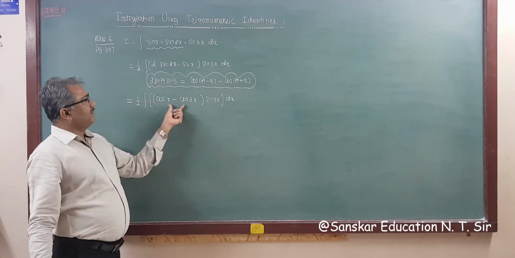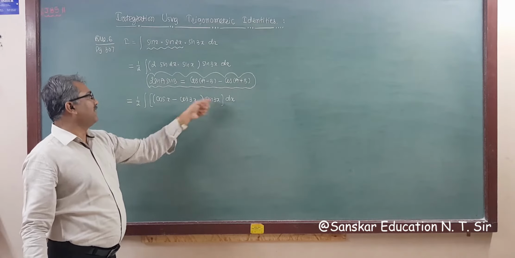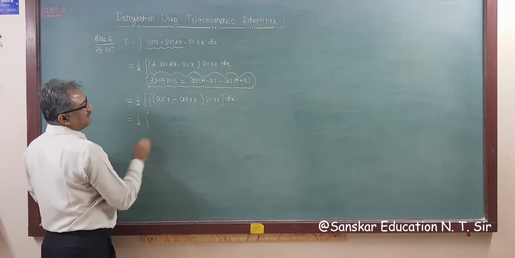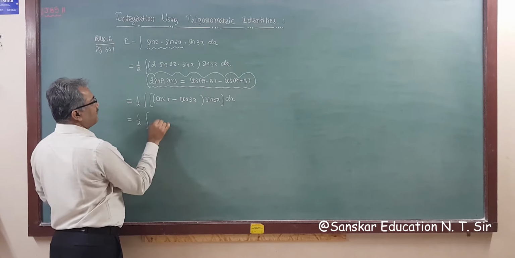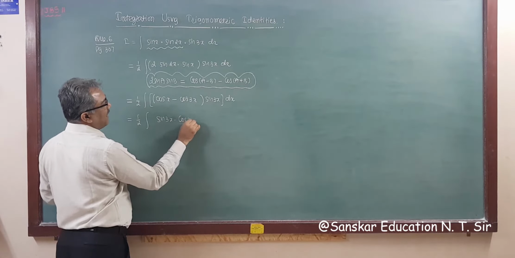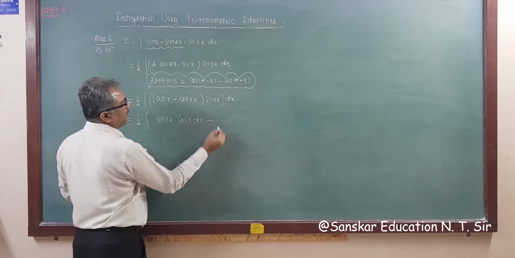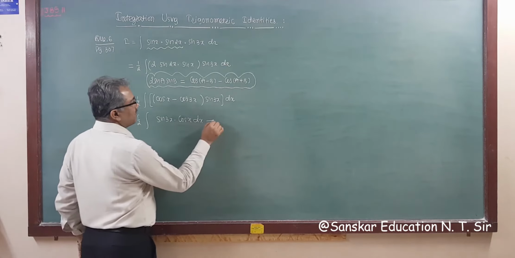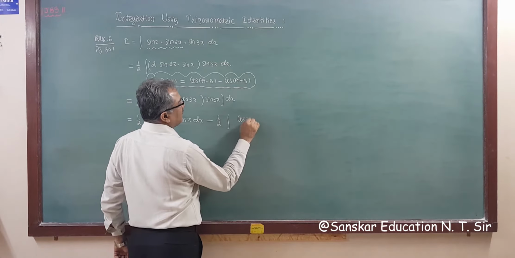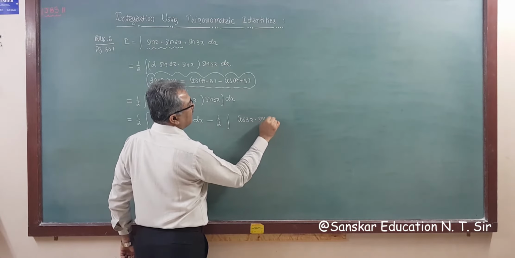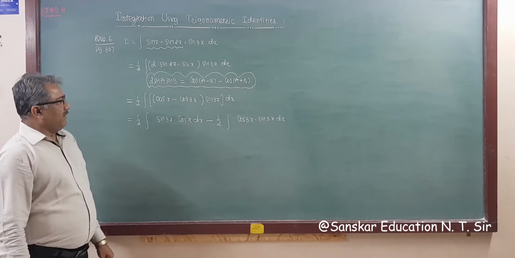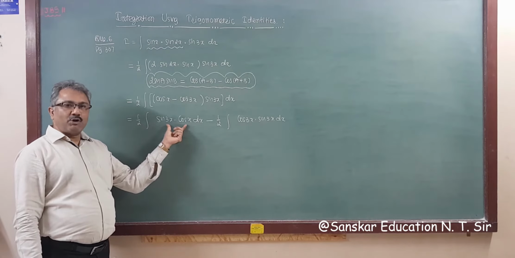Since it's a multiplication, multiplying again we get half integration, taking the largest angle first, sin 3x cos x dx minus 1 upon 2 integration cos 3x sin 3x dx, right?